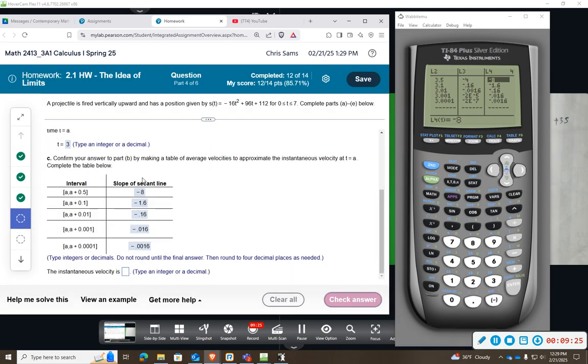And then we want to know what this is approaching. We're going to round to the nearest integer, and that should be approaching 0.